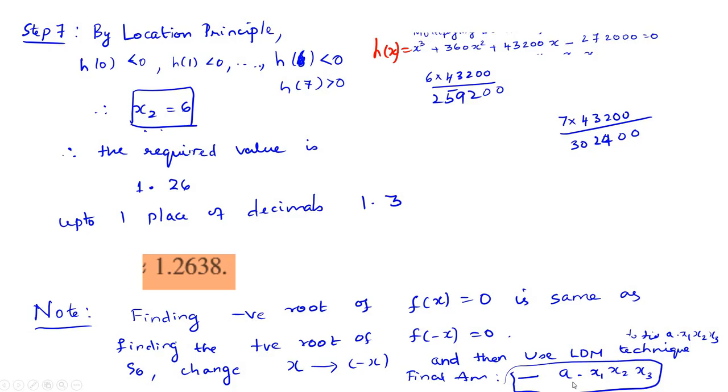So that means minus of a point x1 x2 x3. So as application we had removal of terms and Horner's method. So in Horner's method we had LDM: location principle, then diminish, then multiply the roots.